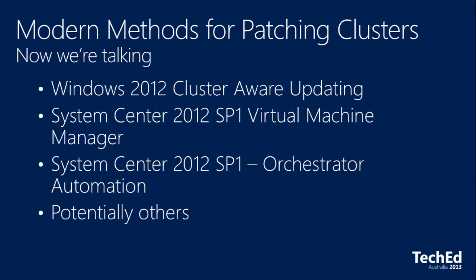Before getting into that, though, I want to plug two out-of-the-box solutions that may actually be a better fit in some circumstances. One is Windows 2012 cluster-aware updating. If you're not aware of cluster-aware updating, it's a capability of Windows 2012 failover clustering to maintain Windows 2012 clusters in a very similar fashion to what I'm going to do today.